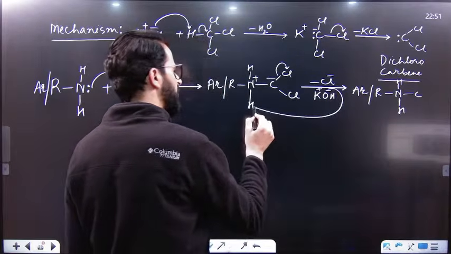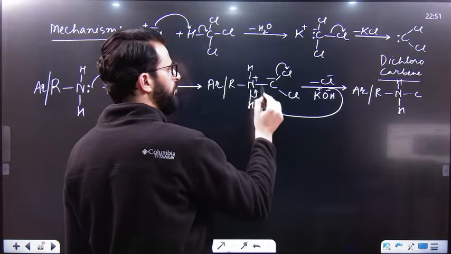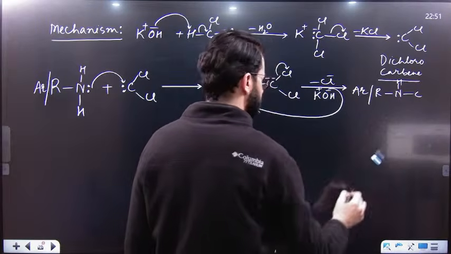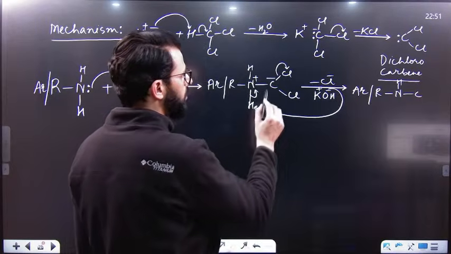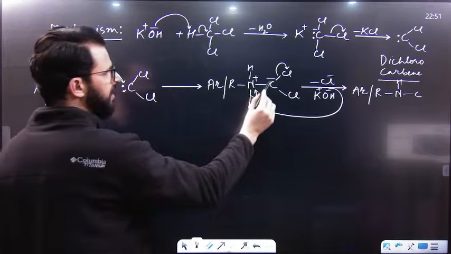OH minus will abstract this hydrogen as well, and it will simply result in the formation of this N. So I will remove this hydrogen, or after that, this will simply abstract hydrogen.